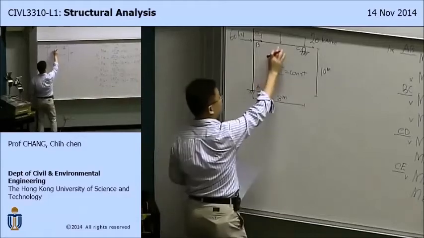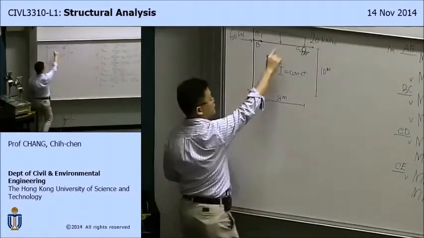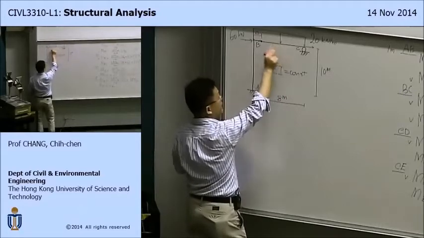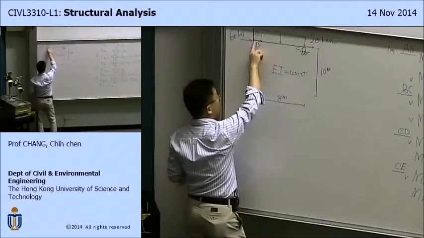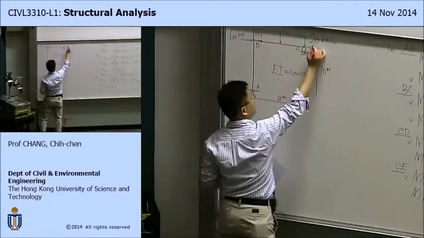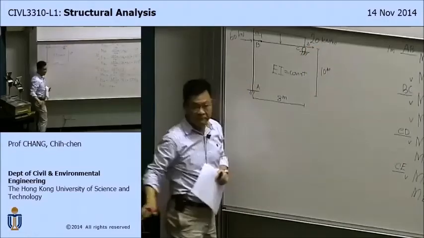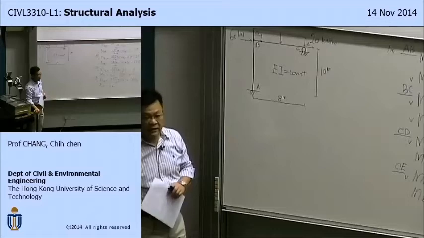Because we say that we are going to use inextensible assumptions, this component also cannot be extended or compressed. So in other words, if this point moves delta to the right, this point also moves delta to the right. That's complying with the inextensible assumption.